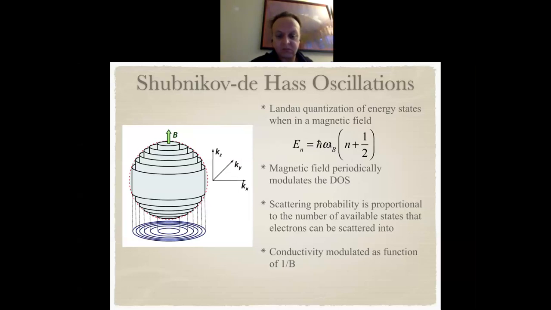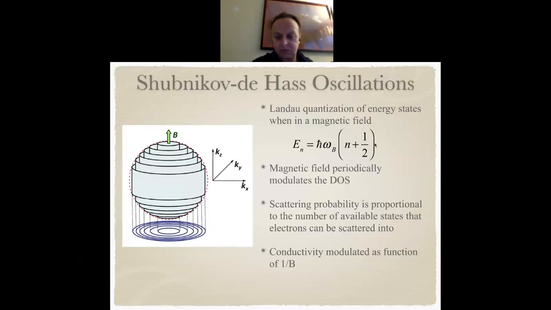And that basically causes the density of states to periodically modulate with field. This scattering, so in relation to conductivity, scattering probability is usually proportional to the number of available states that electrons can be scattered into, which would tell you that the conductivity gets modulated as the density of states gets modulated. And in fact, it happens as a function of 1 over field.